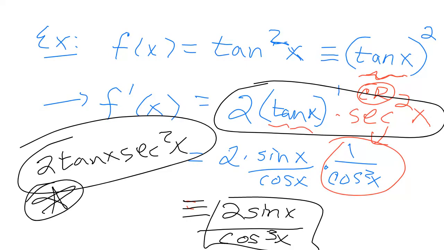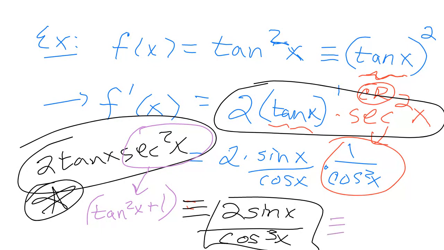Now, here's another thing that you could do on this. What do you know about secant squared? That's tangent squared x plus 1, right? Everybody agree with that? That's one of the trig identities, just like sine squared plus cosine squared is 1. So if I wanted to, I could plug that in, and then multiply the 2 tangent x times that.